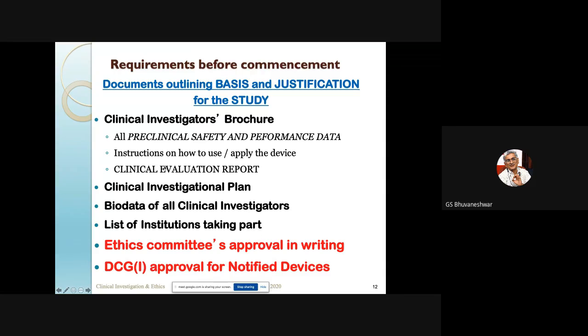Then a clear set of instructions on how the device should be used or applied. And as I said, you need a clinical evaluation report, particularly if you want to comply with the European, US and other developed countries' regulatory requirements.